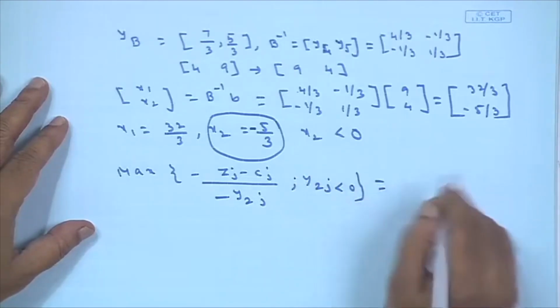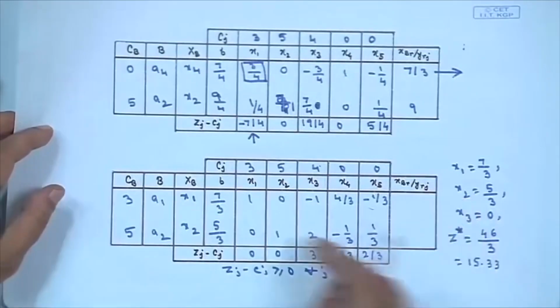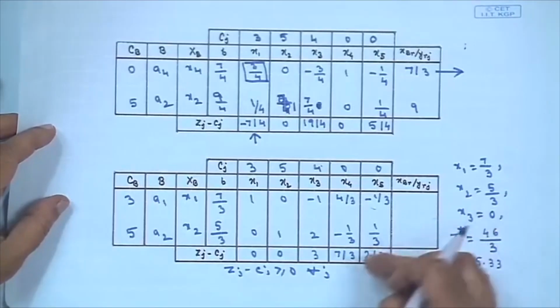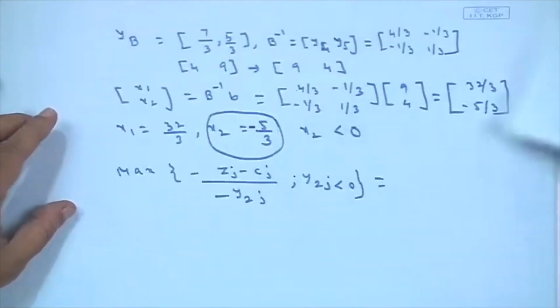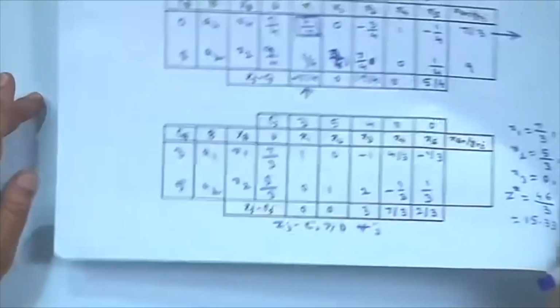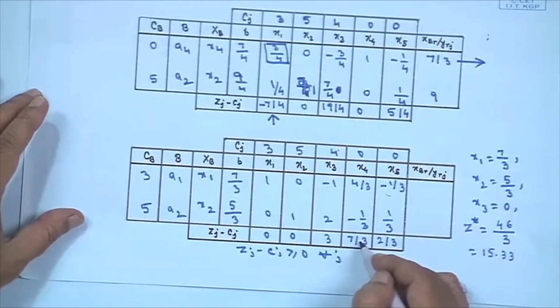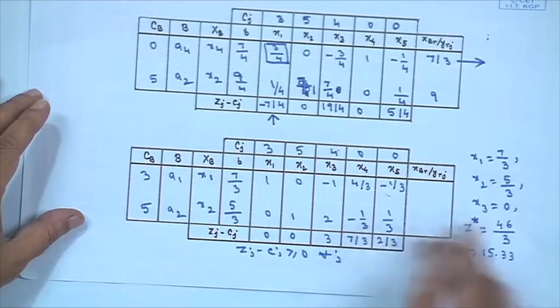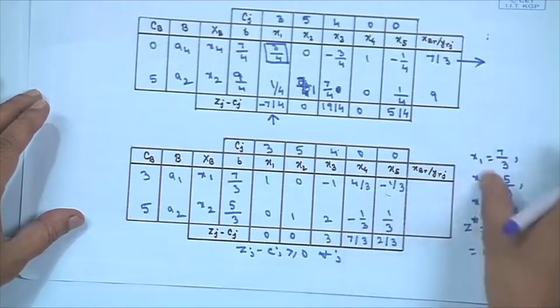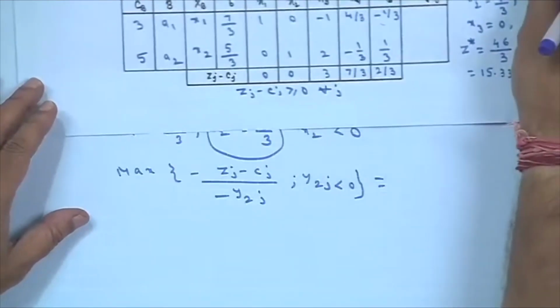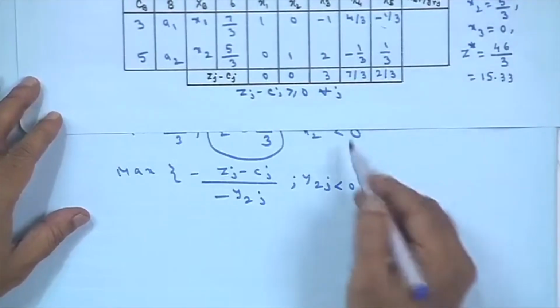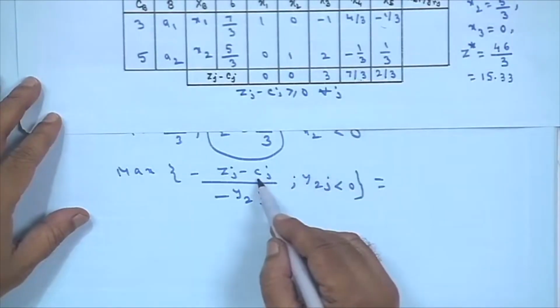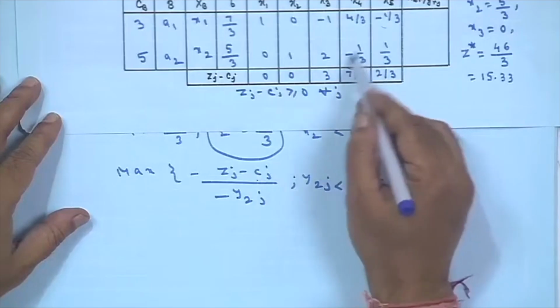This will be equal to, from the original table, this one, minus 7 by 3 and 1 by 3. From here you can obtain it. So, from this table you can obtain the value of zj minus cj is this and y is minus 1 by 3. So, these two values, in that case this you take 7 by 3, which is this one, and y2j is less than 0.